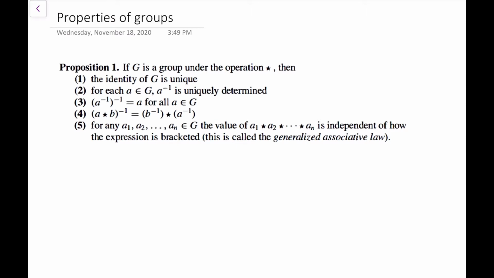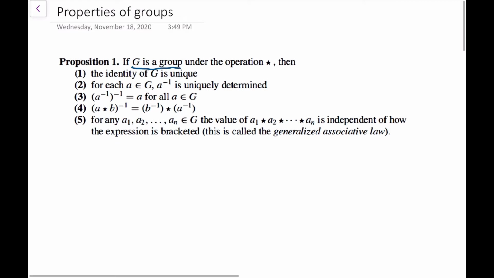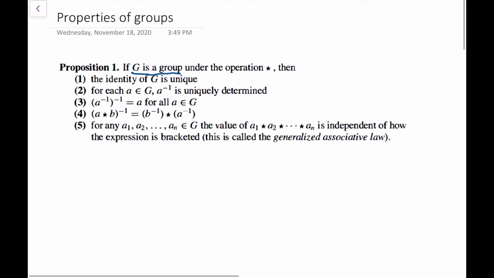You can see in this proposition, it used G to denote the group. So it says G is a group. But according to the definition, we know that a group is actually an ordered pair that includes a set G and a binary operation star or other symbol.